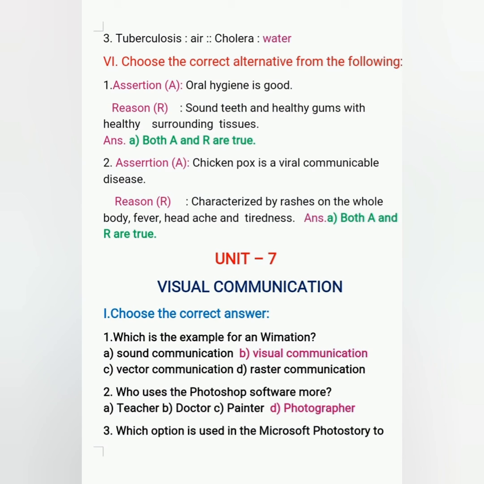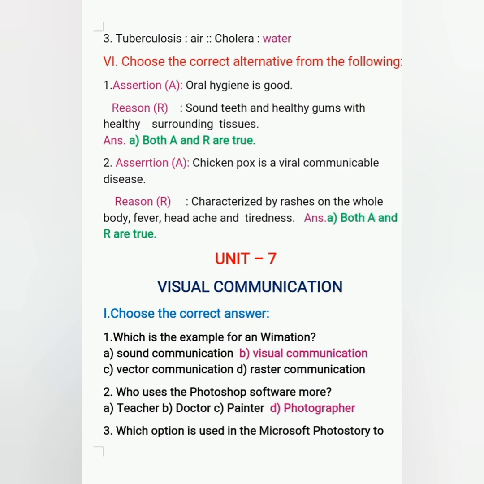Next, Unit 7, Visual Communication. First Roman, choose the correct answer. Question number 1. Which is the example for an animation? The options are sound communication, visual communication, vector communication, raster communication. The correct answer is visual communication. Question number 2. Who uses the Photoshop software more?